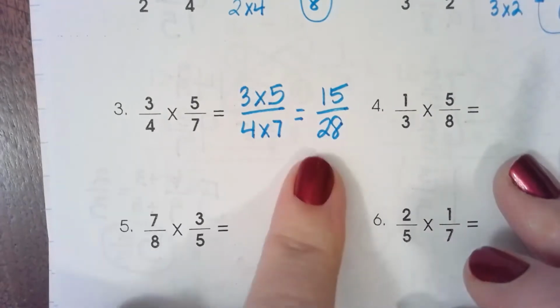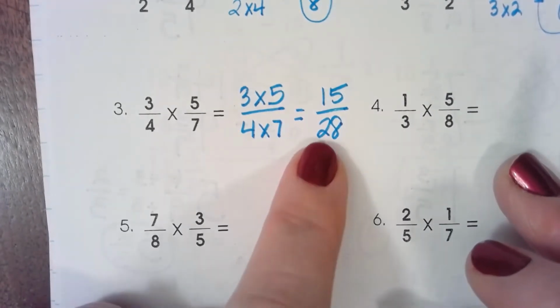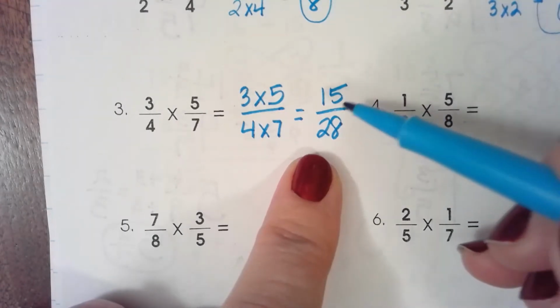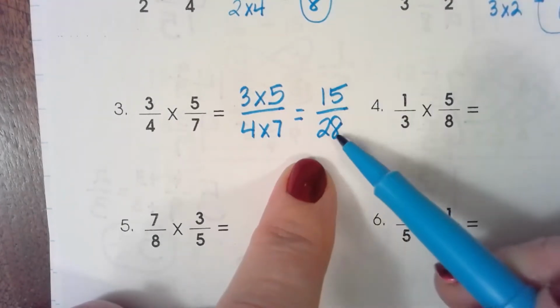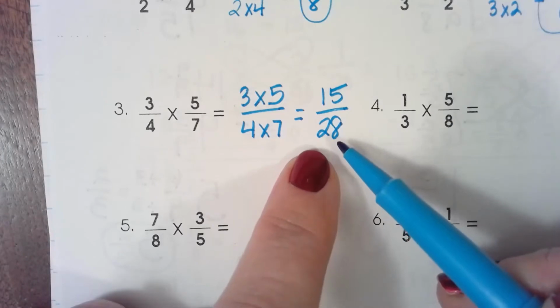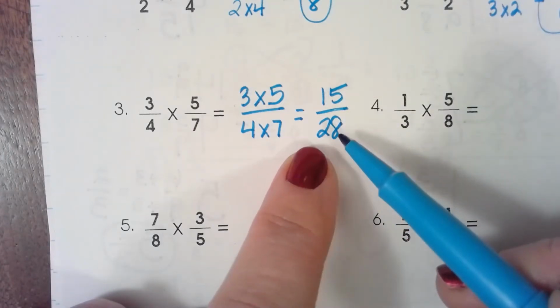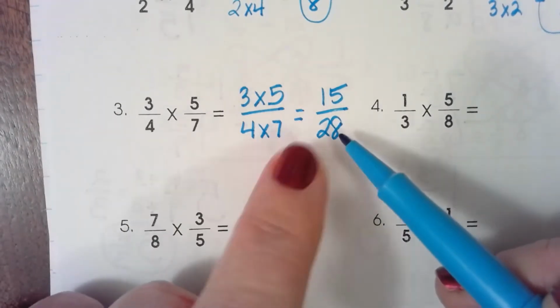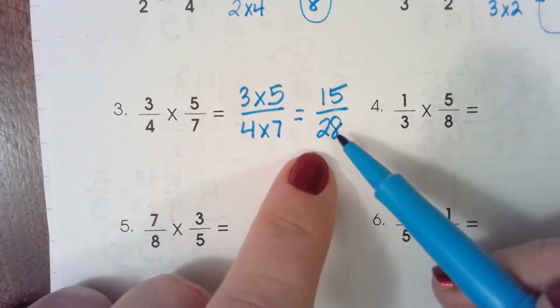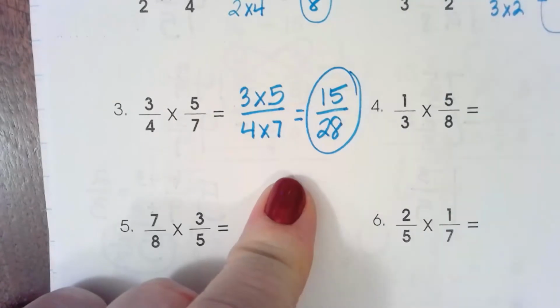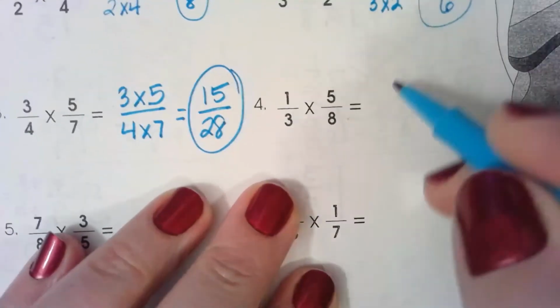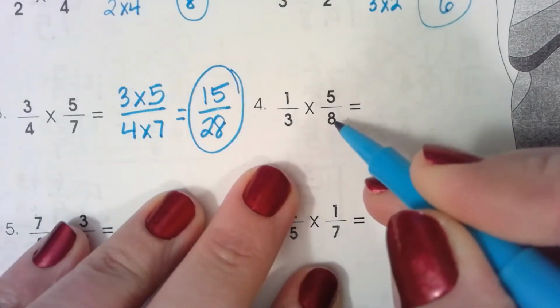Now, is it simplified? Well, let's see here. My factors of 15 are 1 times 15 and 3 times 5. So a 1 would work with a 28, but not a 15. And I can't ever use a 3 times anything to get to a 28. I can't do a 5 to a 28, so this would be simplified. Okay, let's try number 4. 1/3 times 5/8.